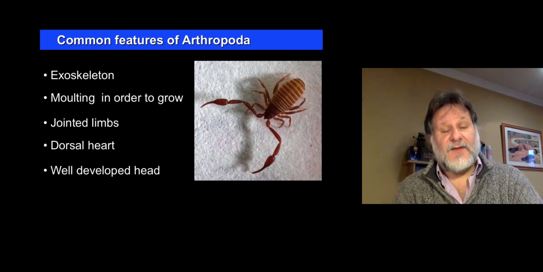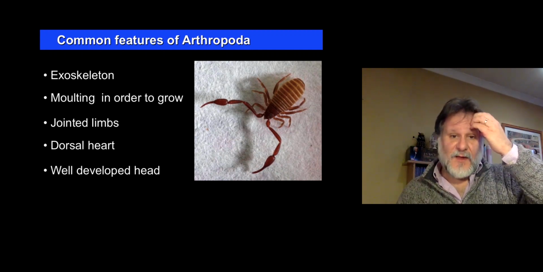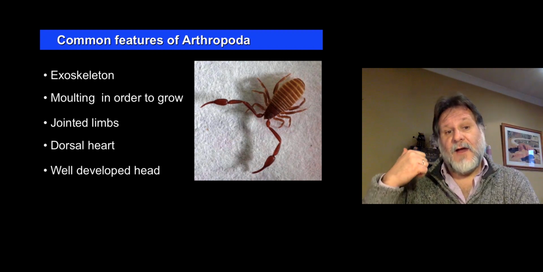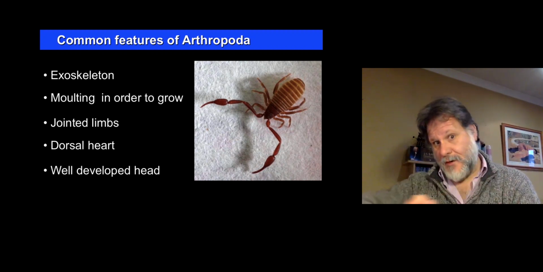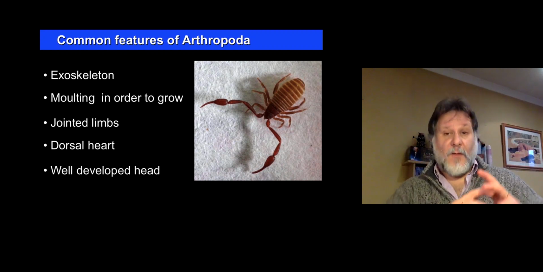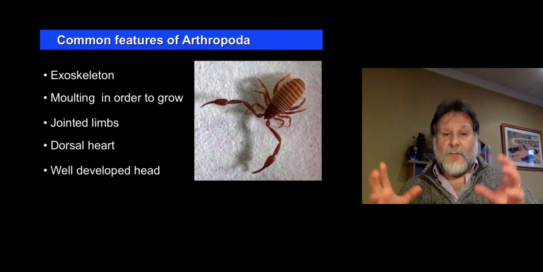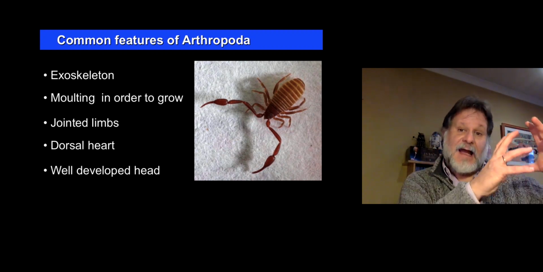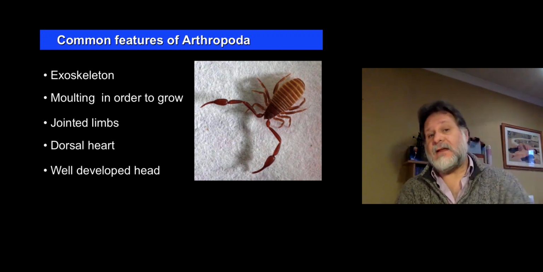They have an external skeleton and have to molt in order to grow, and just to bung a couple of things into the mix here, they have a dorsal heart, a ventral nerve cord, and increasing cephalization.